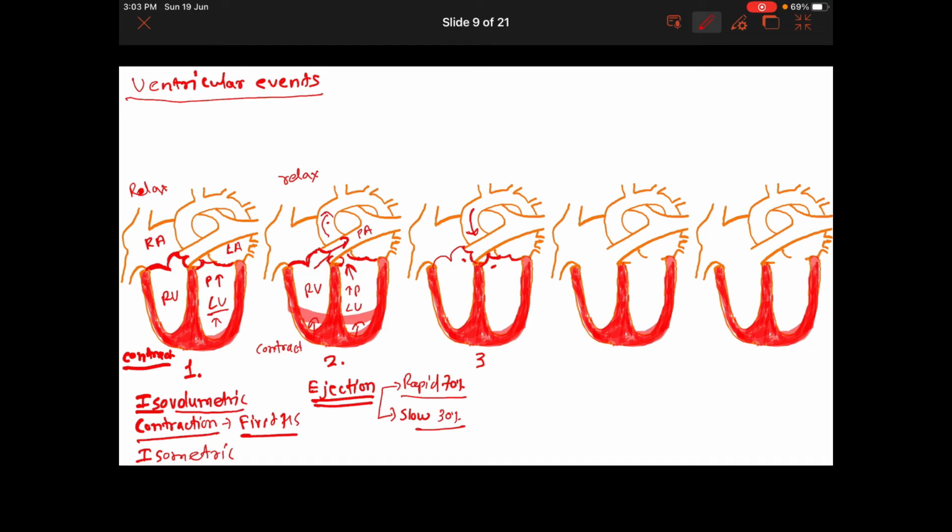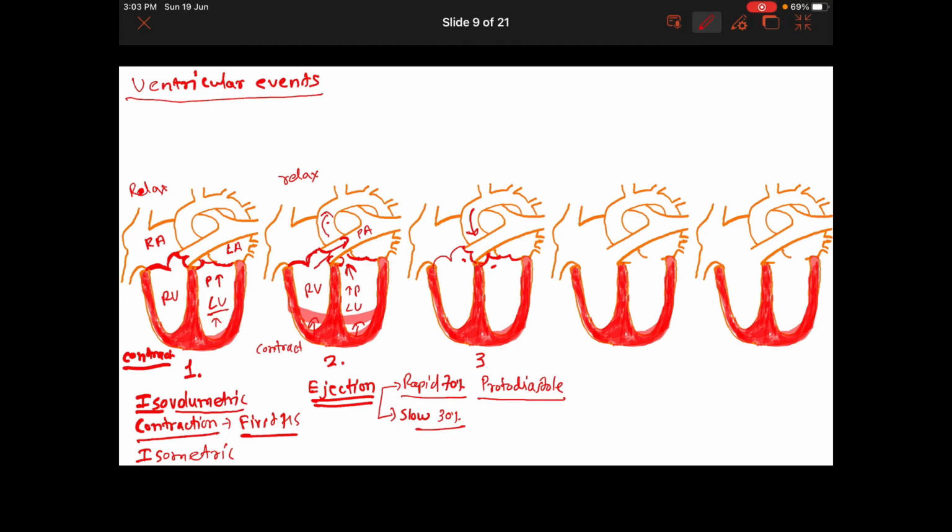In between that duration, there is a phase called the protodiastole. This protodiastole is the phase between the start of diastole, that is the relaxation of the ventricular muscle, and the closure of the semilunar valves. So this is the protodiastole phase.